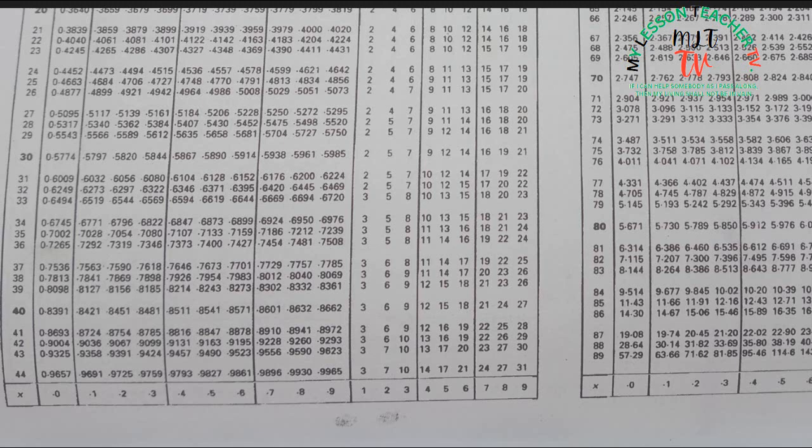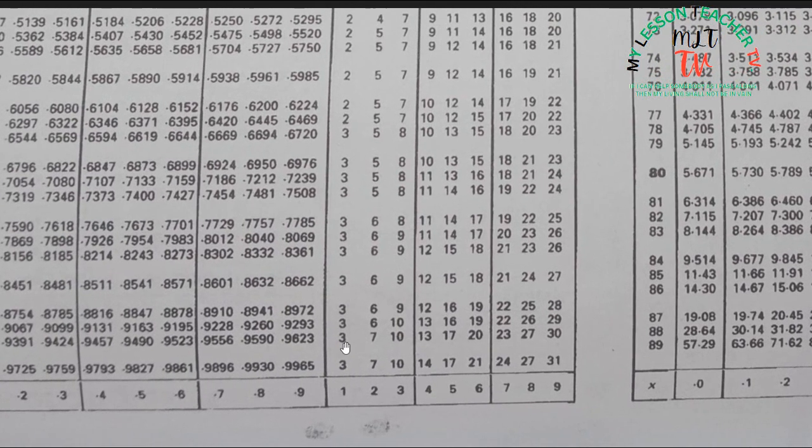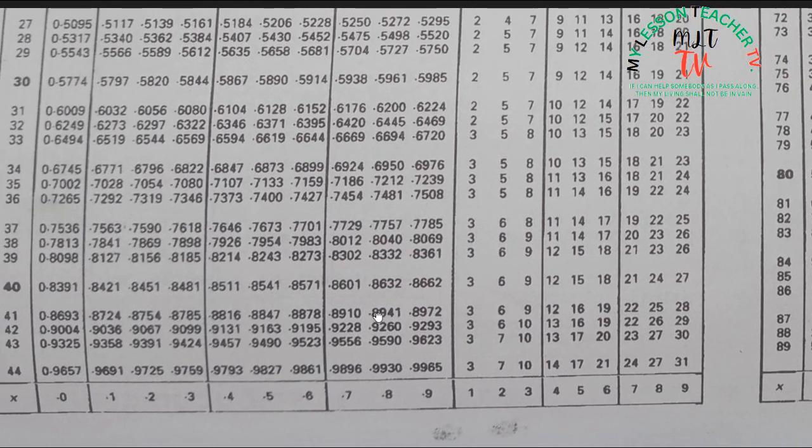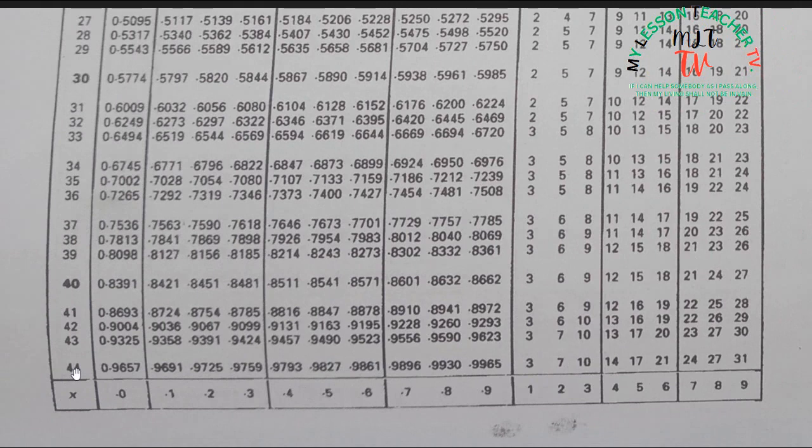Go to your table and check which gives you a difference of 14. A difference of 14 is under 4. So therefore, our value for 0.9910 is 44 under 7 difference 4. Our answer therefore is 44.74.